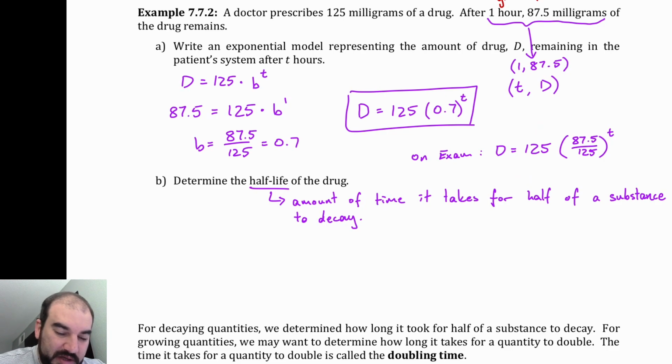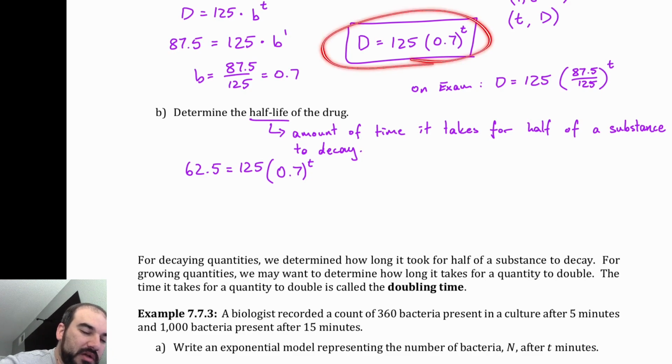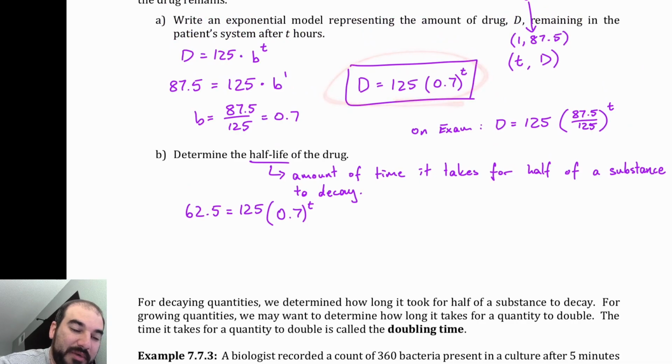So that's going to be 62.5, but in general, I'm going to show you that you don't really necessarily need to know exactly what half of this number is, because let me just write down 62.5, and then 125 times 0.7 to the t power. That was our original answer from part A.